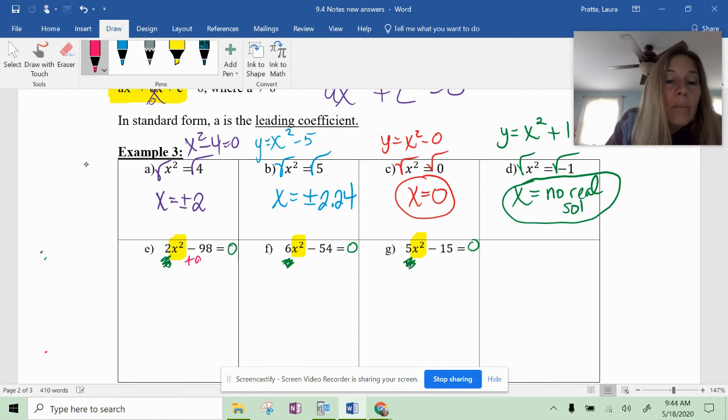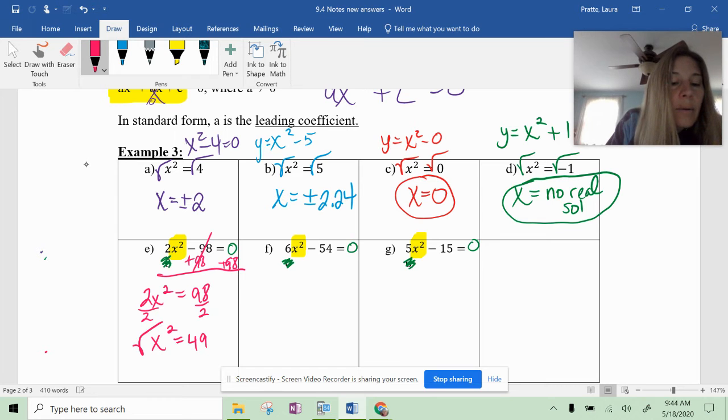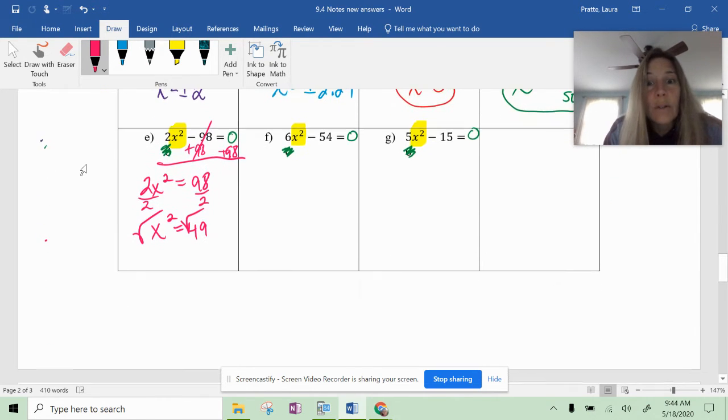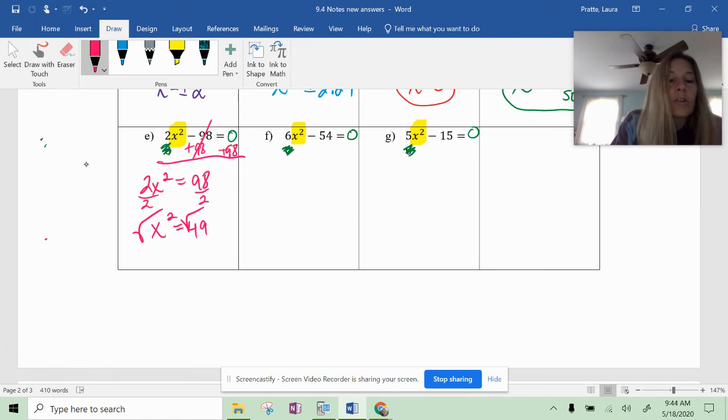So I would add my 98 to both sides here. So now I have 2x squared equals 98. Then I would divide both sides by 2. x squared equals 49. And then I would square root it at the very end to get the x by itself. So you solve for x squared, and then you do your square root at the end to just get the x. So x will equal positive or negative 7.